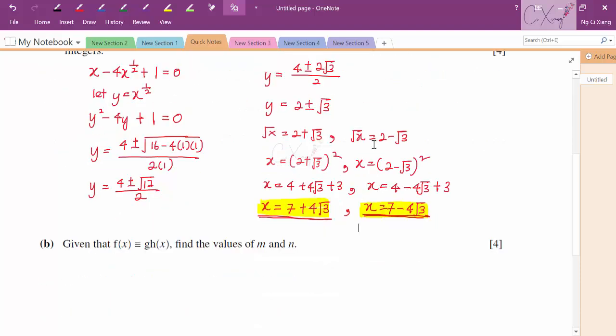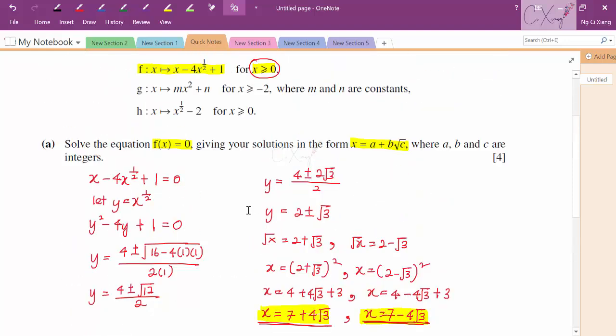For part b, they are telling us that f(x) equals gh(x), and they want us to find the values of m and n. f(x) is straightforward: x minus 4x power half plus 1 equals gh(x). gh(x) is a composite function, so I take g first and put the function h into g.